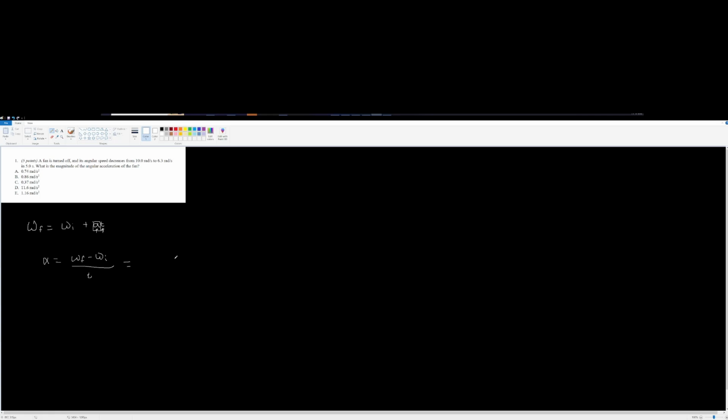So in this case, we have 6.3 minus 10 all divided by 5.0. And this is going to give us negative 0.74 rad/s squared. So this is our answer here, and we can select that right there.